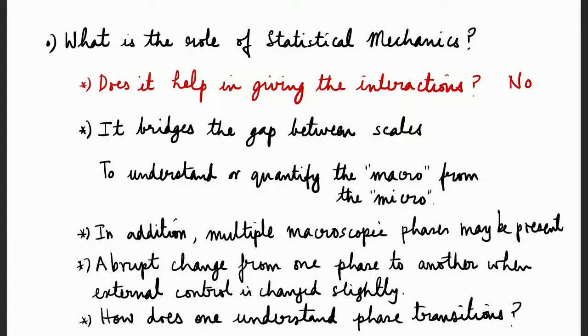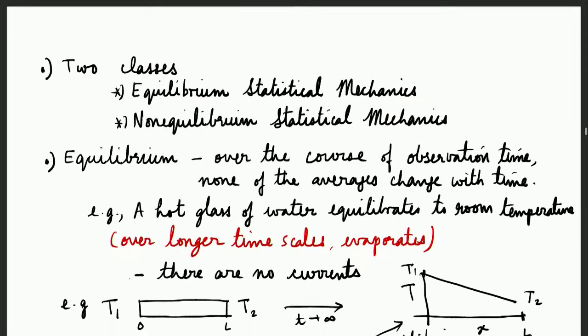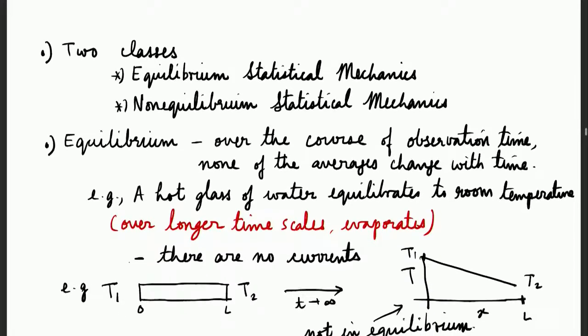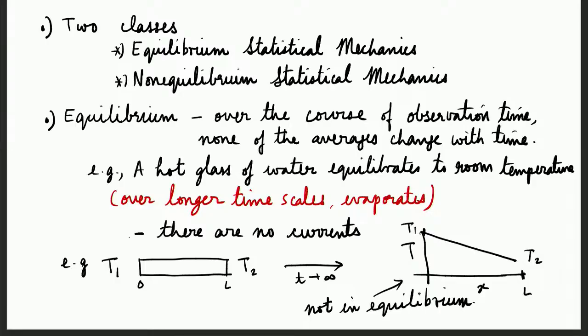The system is not important, it gives you a way of going from one scale to another scale. Okay. Now, is this part okay? If something is not clear, please tell. Now, there are broadly two classes of problems.